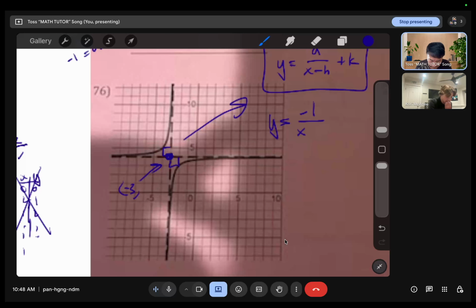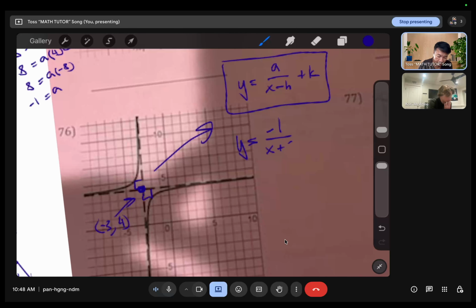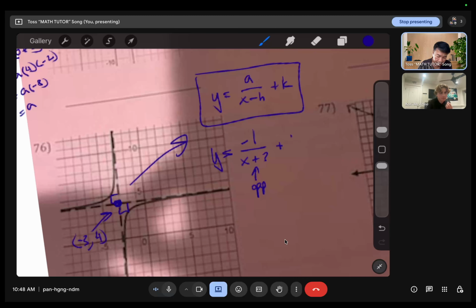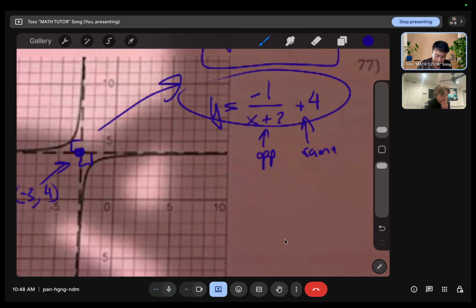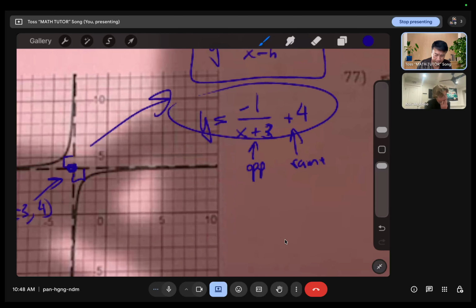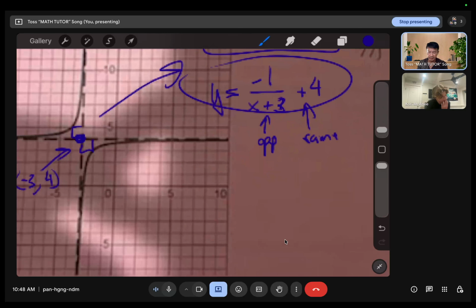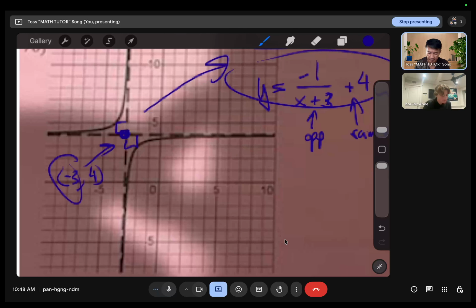This is your function for this graph: negative 1 over x plus 3, plus 4. Opposite the hk here. Don't forget, the a we're doing differently. Do the box thing, if you can identify it. But it's 1, therefore it's done. But it's negative because it's faced the other way, it's flipped. Is that okay?